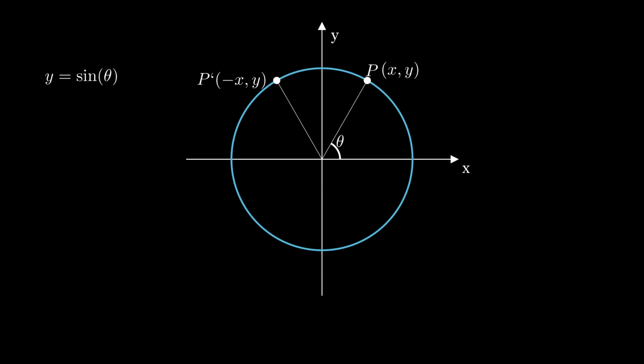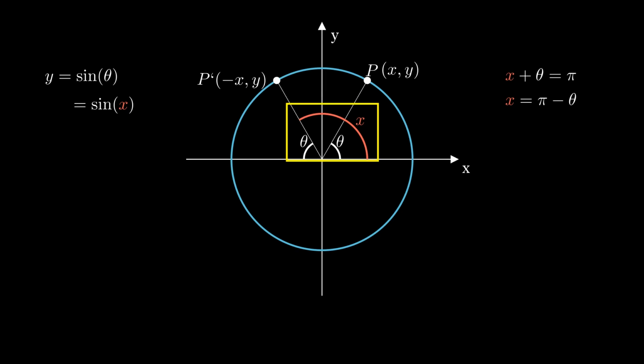It seems that the sine of this angle, let's call it x, is the same as sine theta. But what is x? What we know is this angle is theta. So if you add x and theta, you get 180 degrees, aka pi radians. x comes out as pi minus theta. Therefore sine theta is equal to sine of pi minus theta.